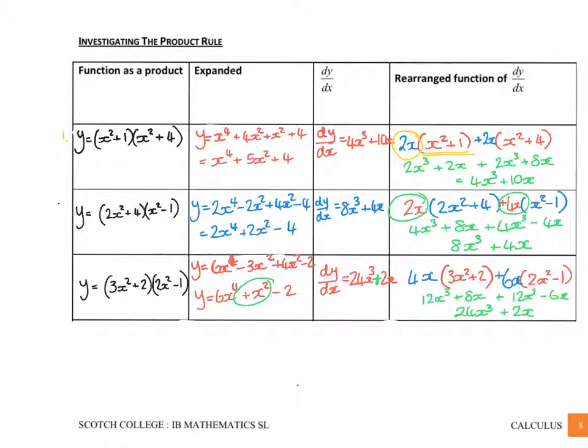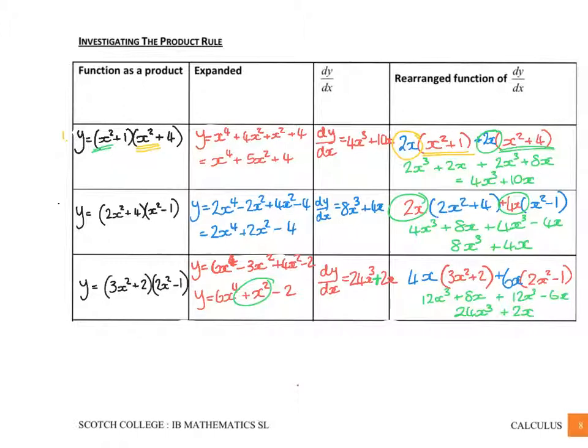The 2x, if you haven't already spotted it, is the derivative of the second bracket. If we differentiate the second bracket, we get 2x. Okay, and then what we did is we wrote the second bracket, the x squared plus 4, and we multiplied that by 2x, which is the derivative of the first bracket.